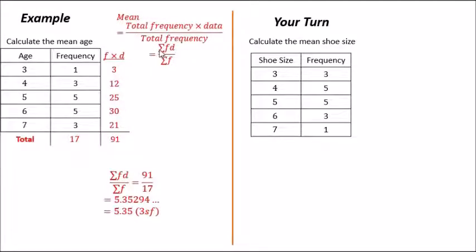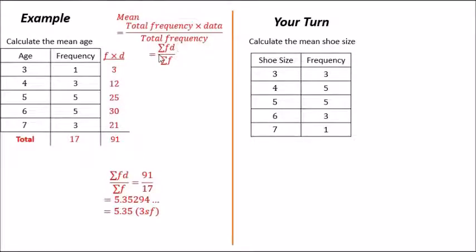So the mean is the sum of the frequency times the data. And we divide that by the total of the frequency, because the frequency is how many objects or people or things we have. So the total amount of objects or things we have is 17. So in other words, we have 17 ages, and all of the ages add up to 91.